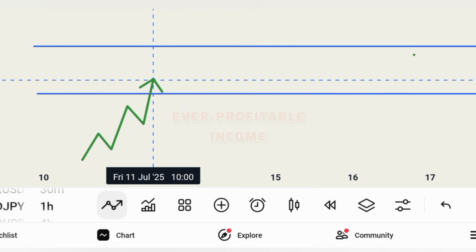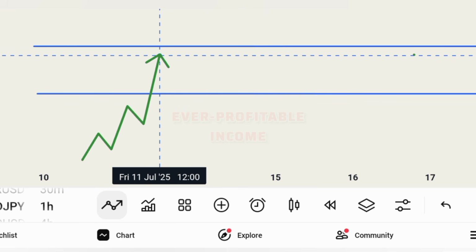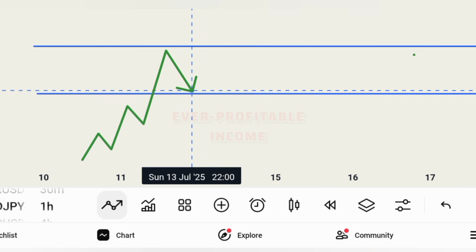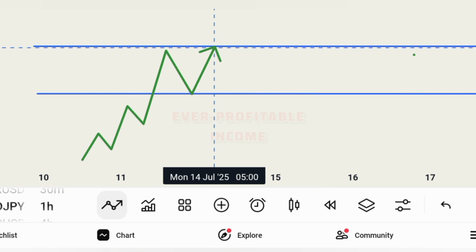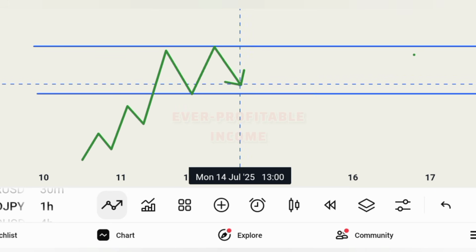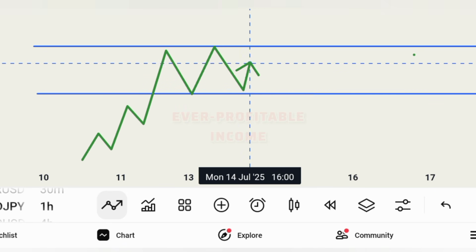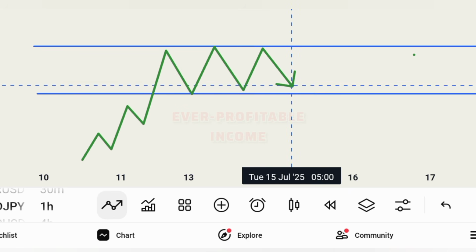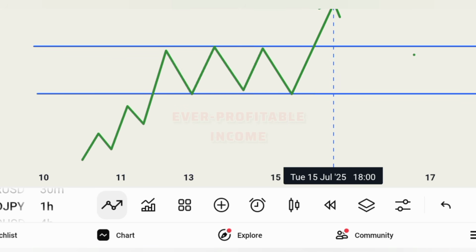So let's say price was initially trending up, and then it gets into a period of consolidation over here. It consolidates for a moment, and then it's going to break upward. When it breaks up like this, it just starts going upward.